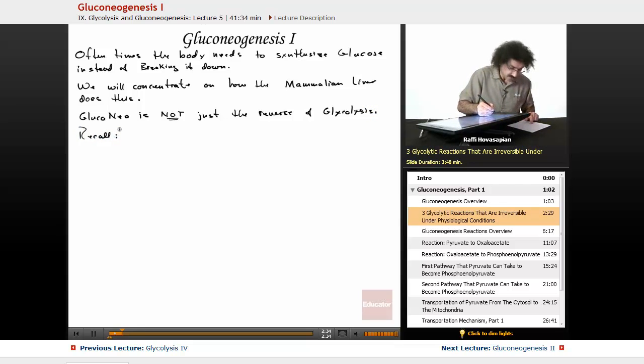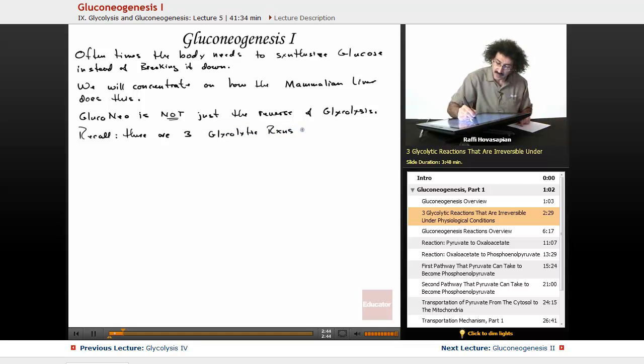Recall, there are three glycolytic reactions that are irreversible under physio conditions.